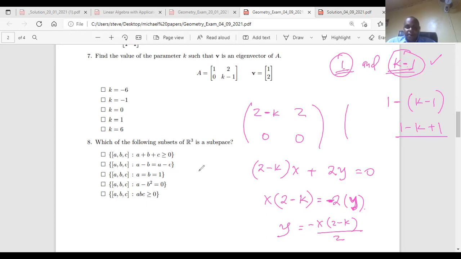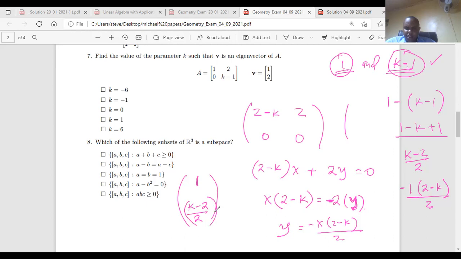If I'm creating my vector, if x is 1, then y is going to be negative 1 times 2 minus k divided by 2, which is going to be k minus 2 divided by 2, right? So if x is 1, then this is k minus 2 divided by 2.